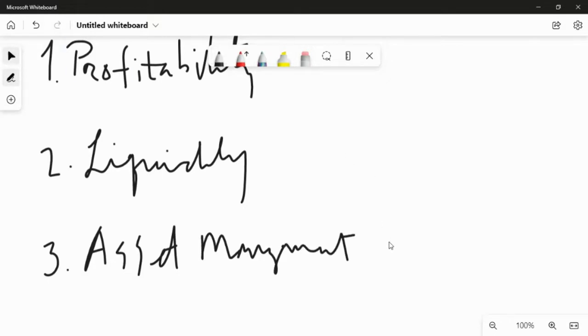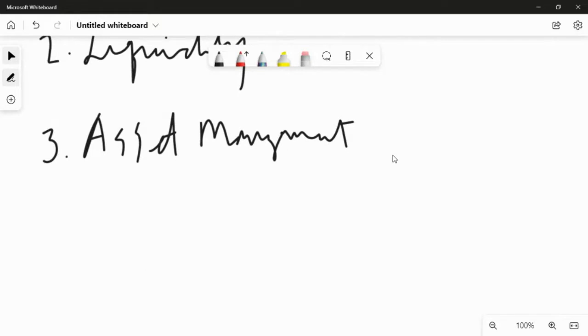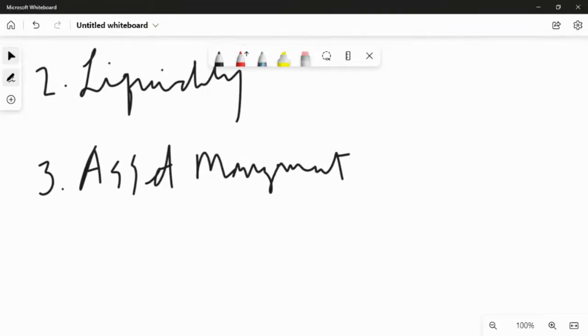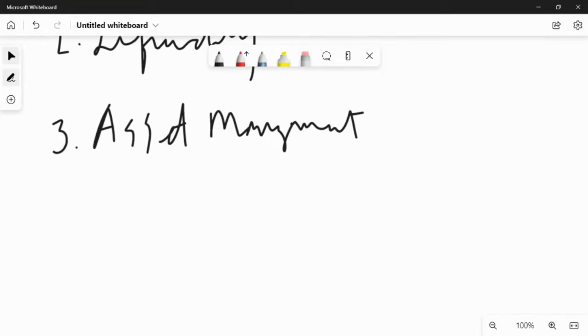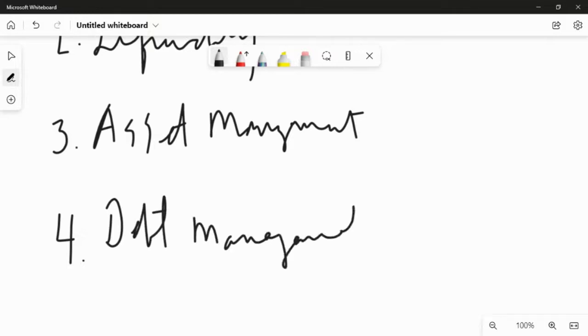The fourth category is debt management. And the fifth category is stock valuation. They just call it valuation, valuation ratios.